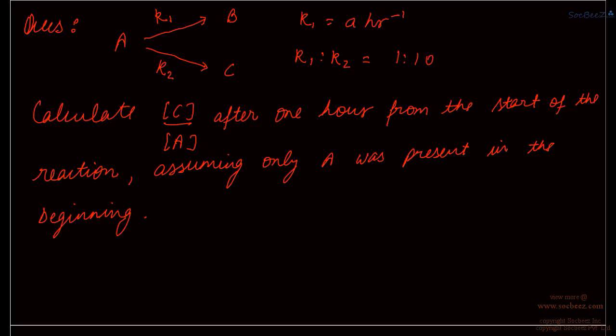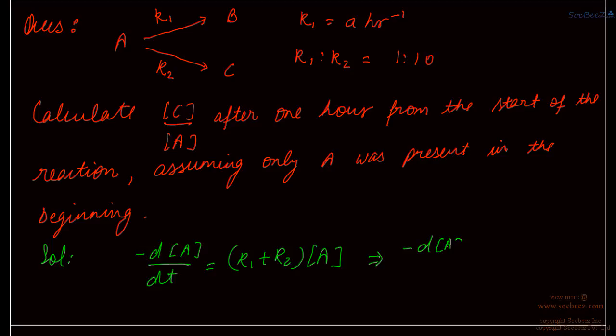Since this is a simultaneous reaction, we can write the rate as minus dA by dt equals K1 plus K2 times A. Now, if we separate the variables, we get minus dA upon A equals K1 plus K2 dt.